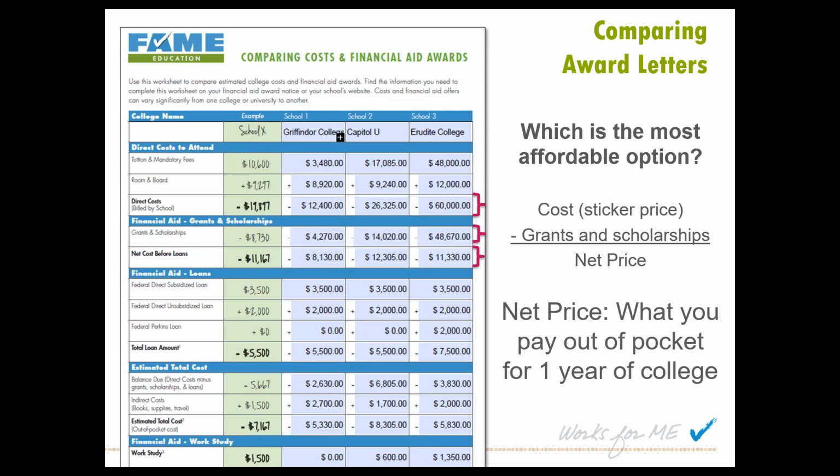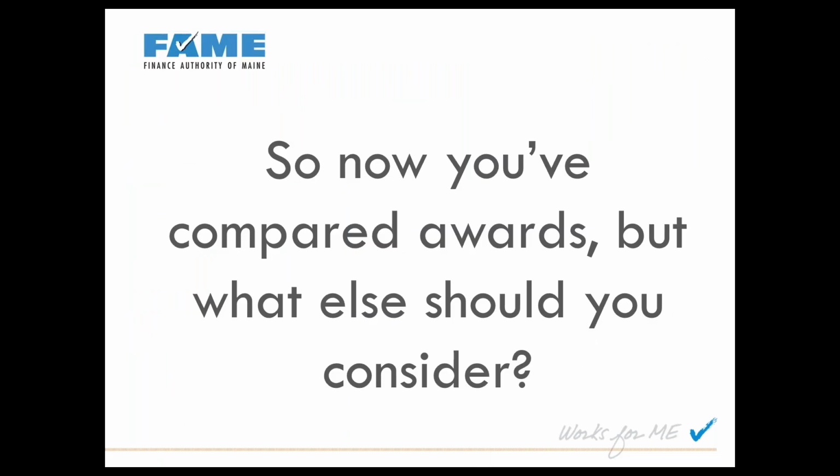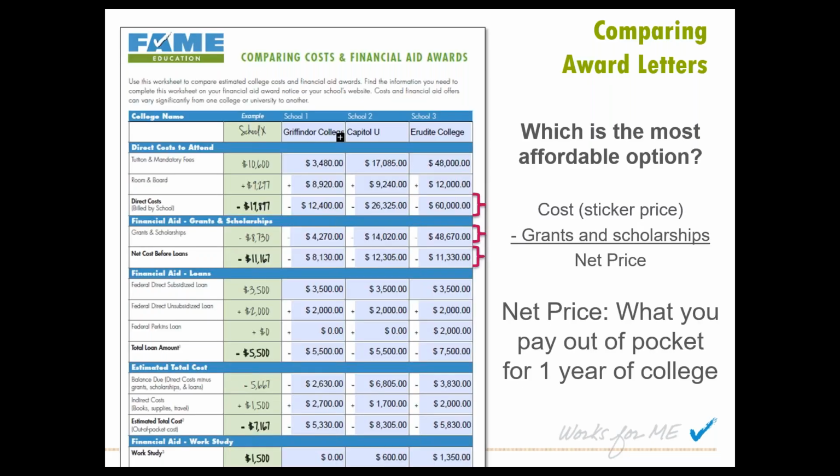So you'll put in the loans, what the total loan amount is, and then you've got your estimated total cost there at the bottom. You could probably afford a college like Gryffindor almost with nothing out of pocket, for just the cost of what the loans and financial aid are, if that student lived at home. So just keep that in mind.